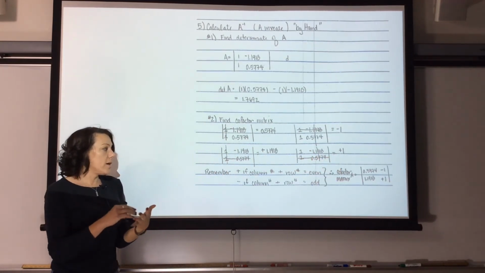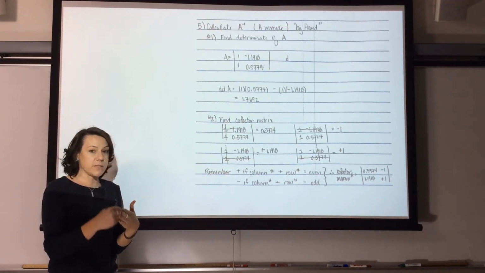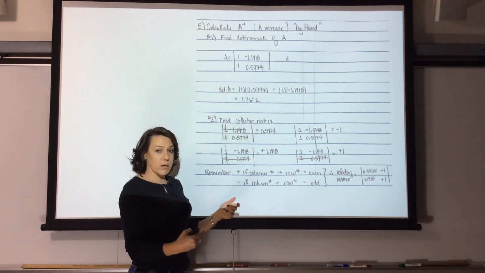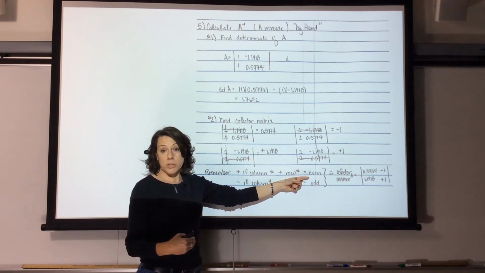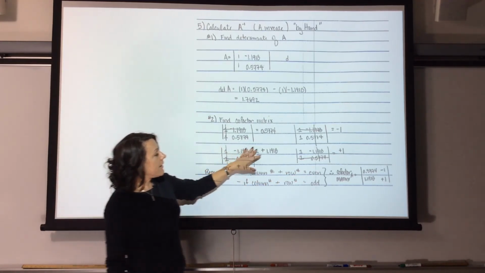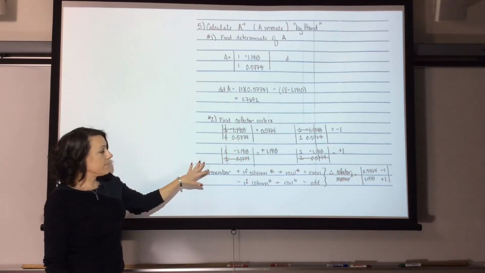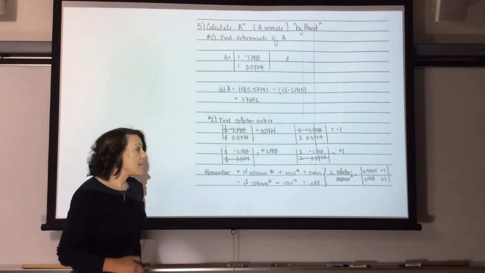When I say 1 and 1, 2 and 2, remember, I mean the row number and column number. So row 2, column 2: 2 plus 2 is 4. Just keep that in mind. So now what we've got left is our cofactor matrix. All I did was take these numbers and make them my cofactor matrix for A.